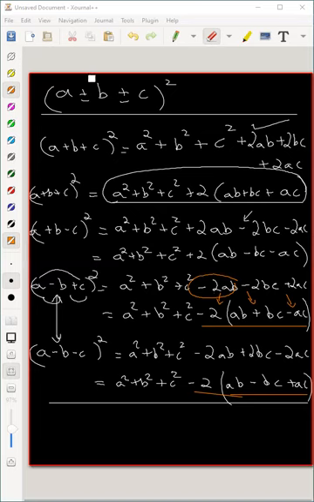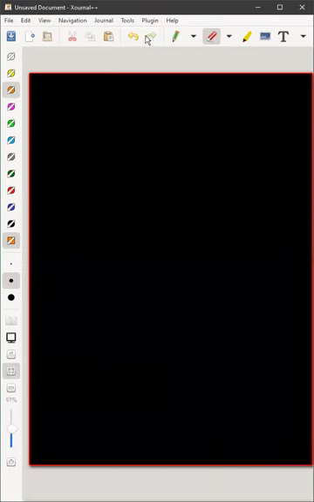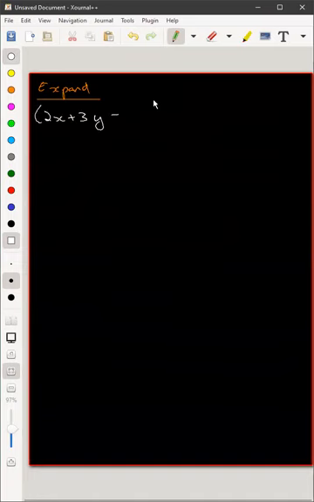Are you all done? Yes, sir. Okay, solve this question now. Expand. Two x plus 3y minus 4z, the whole thing squared.